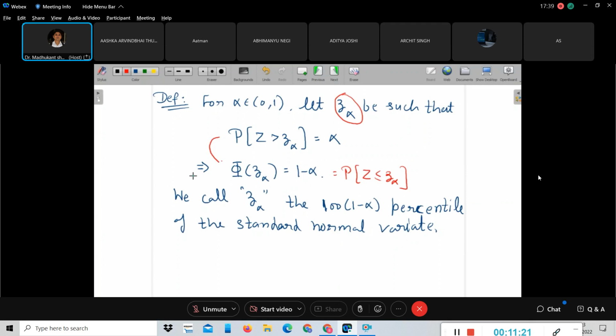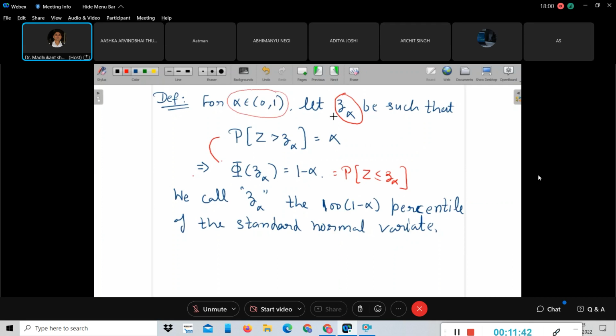So it is defining a definition. Alpha is any value in the interval 0 to 1.